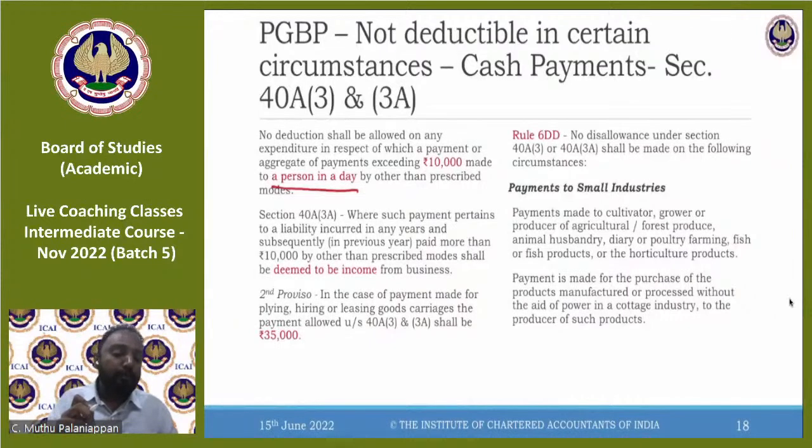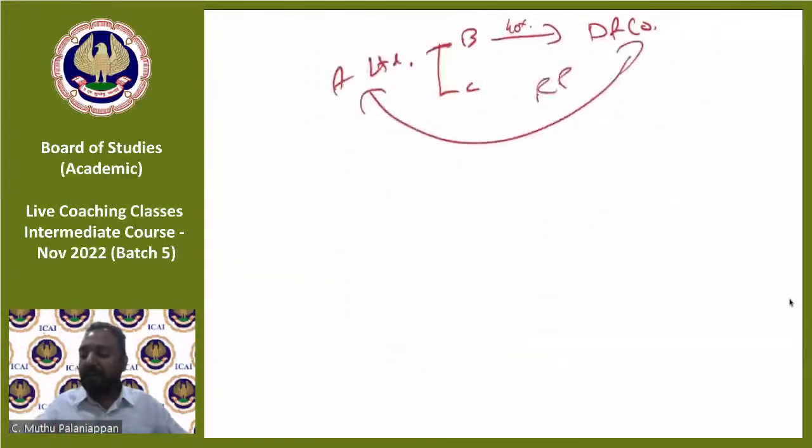When I'm talking about payment, you should not only consider current year expenditure. If there is some payable from an earlier year, for example an outstanding creditor, let's say there is a creditor on 31st March 21, the balance was 25,000.